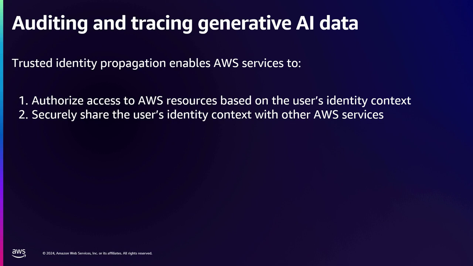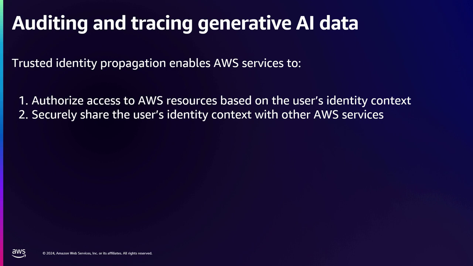On top of that, we are going to share that user's identity context with other AWS services. So again, the user is moving from an EMR Studio to maybe a Glue Studio, and then doing so many changes along the way, and eventually to S3. We are sharing the user's context across the different AWS services.